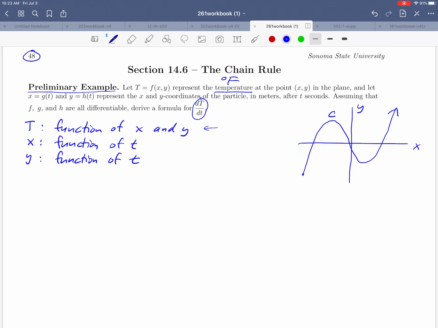Okay, well again, what they want us to do here is to derive a formula for the rate of change of temperature with respect to time. Let's see if we can do that below here.